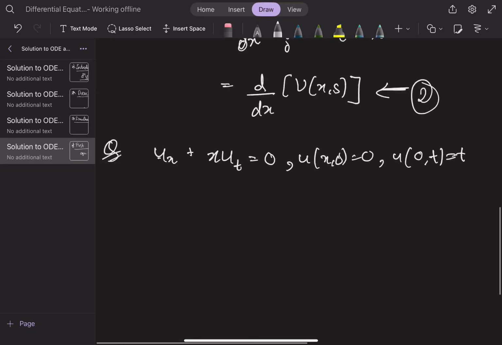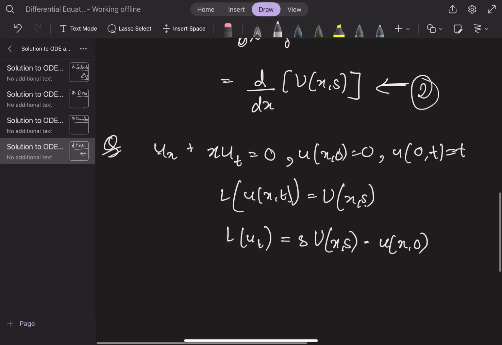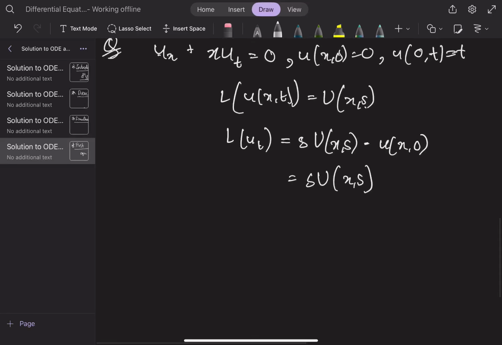So let's write Laplace of u of x,t is equal to U of x,s. Laplace of ut is s U(x,s) minus u of x comma 0, which is given as 0. So this becomes s U of x comma s. And L of ux is d by dx U of x comma s.